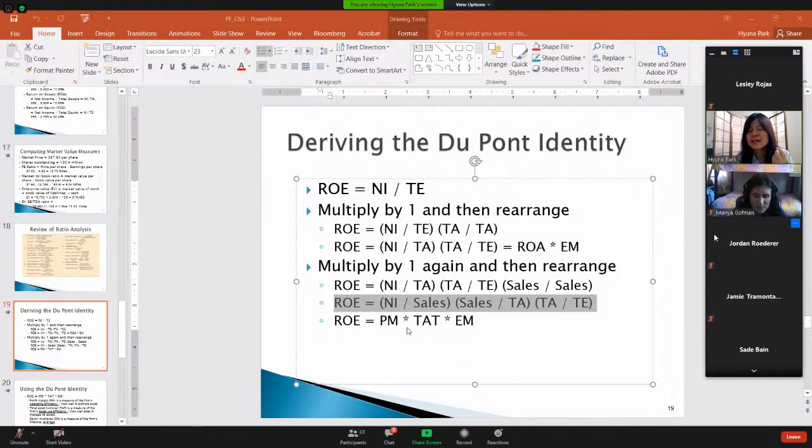So these two ratios are about the operations, how to make their operations, sales, and asset production more efficient. So either by improving their margins or operations, or borrowing, changing the capital structure. Instead of using more equity, using more debt.